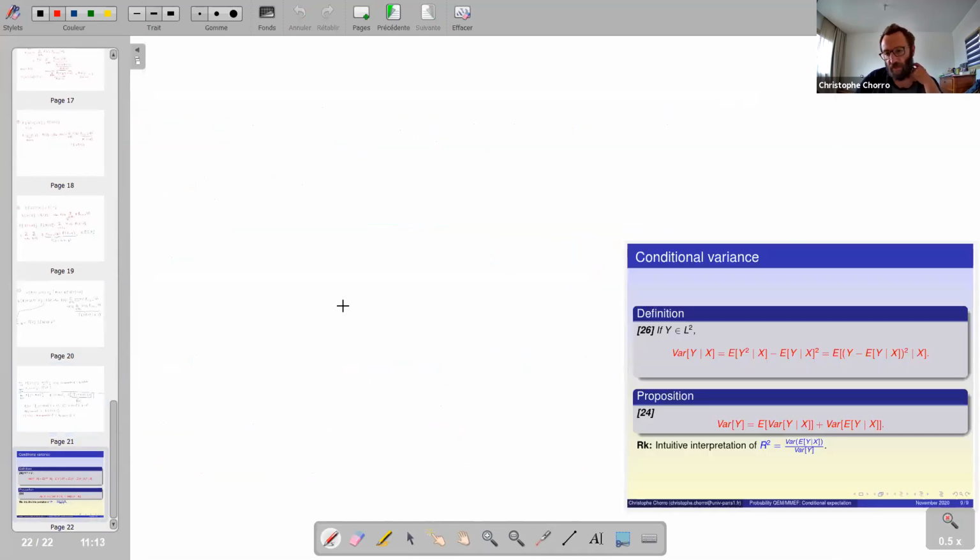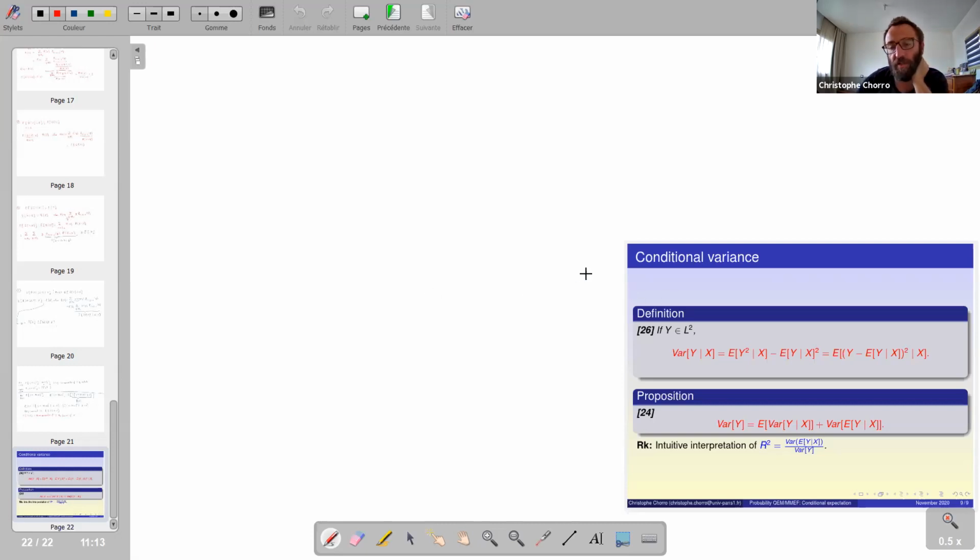So let's finish the course with 2 definitions and 1 proposition. So I have defined here the conditional expectation. I will be able to define the conditional variance.